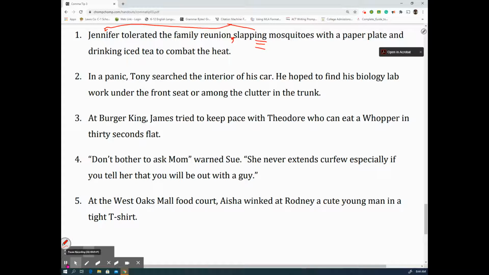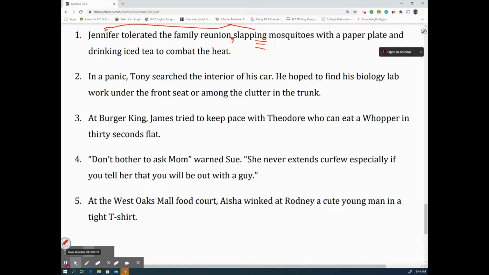Okay. Now I have: he hoped to find his biology lab work under the front seat or among the clutter in the trunk. What's going on here? He was hoping to find his work, right, or among the clutter in the trunk.